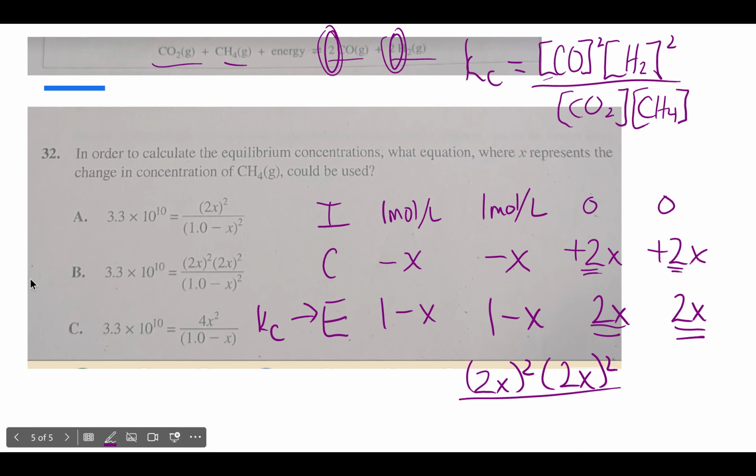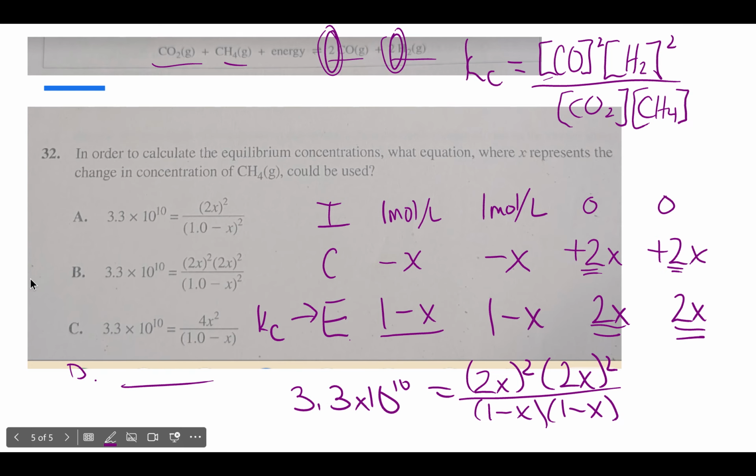This is divided by my carbon dioxide, 1 minus x, and then 1 minus x for the methane gas. And now all of this equals your Kc value, and your Kc value was given to you in the previous question in the text box. So now that I have this all set up, I want to see which one matches. And I had D cut out here. Luckily, that wasn't the answer. So the one that I'm taking a look at so far would be B to match completely, because we do have 2x squared, and instead of writing this out twice, writing it once and saying to the power of 2, that is the same thing.